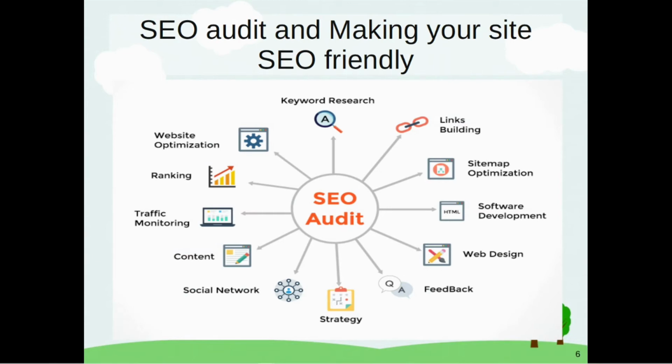SEO audit includes first of all keyword research, building links, sitemap optimization, software development, web designing, feedback of customers, strategy, social networking, content, then traffic monitoring, then the ranking of your website, then your website optimization.